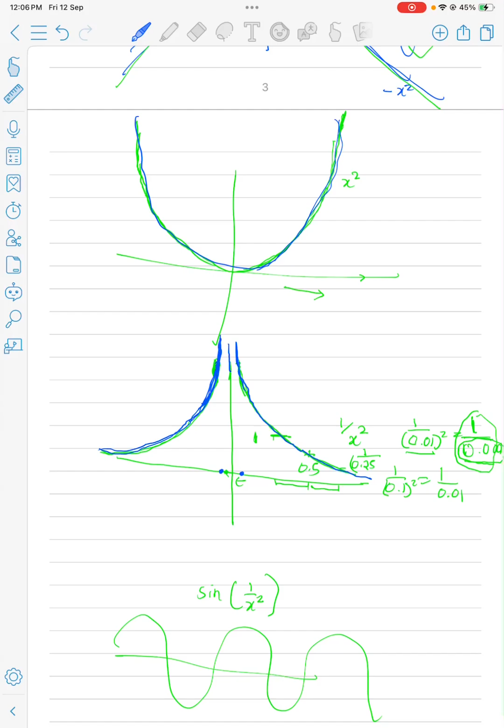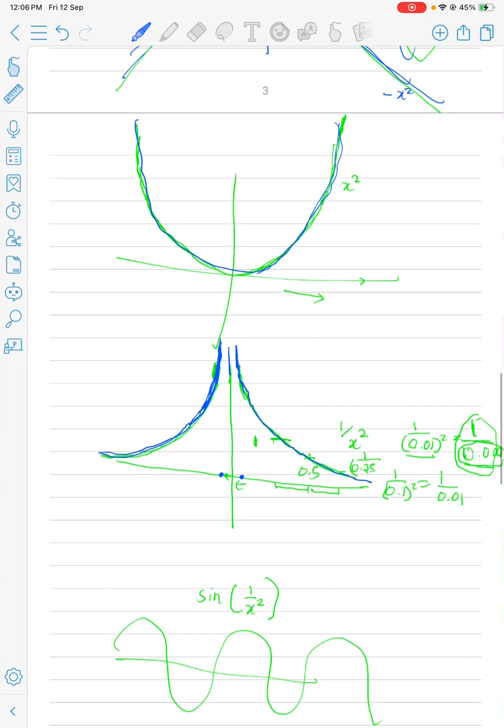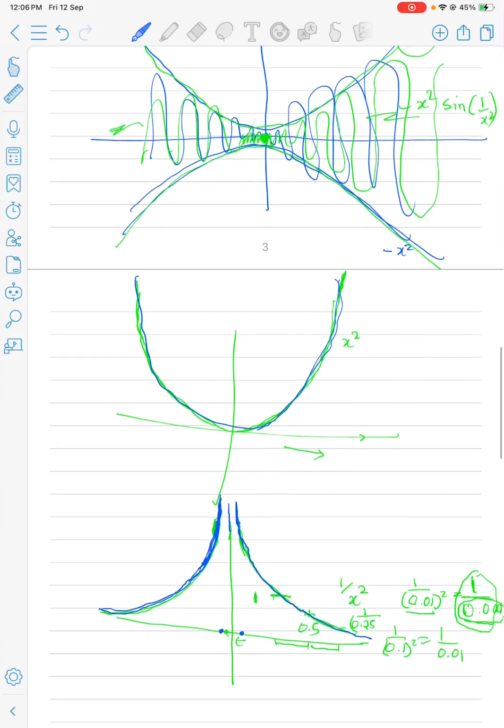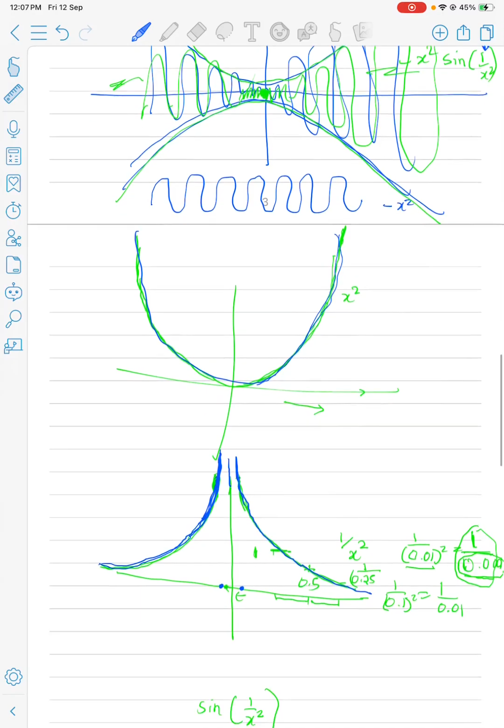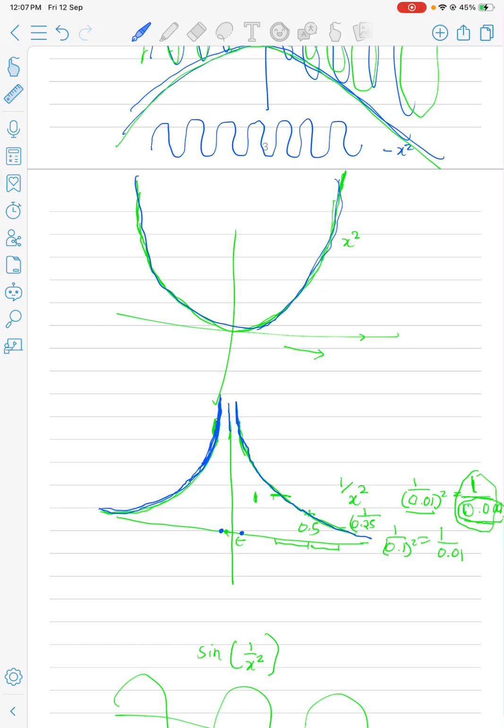Once you notice this phenomenon, just try to think what happens here. This is sine x, but once you are inputting 1 by x square, the change here will be very fast.